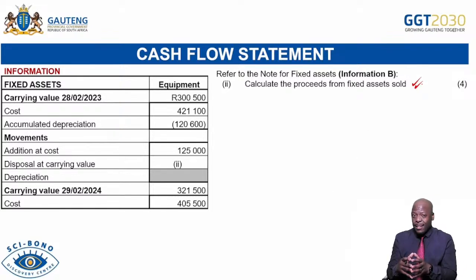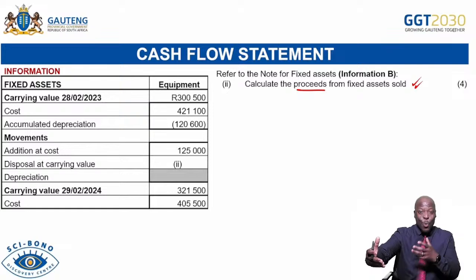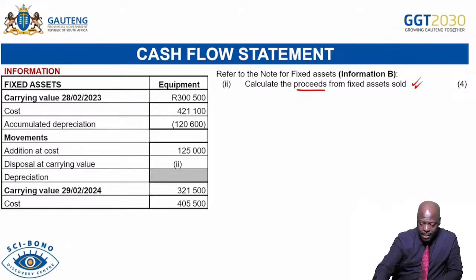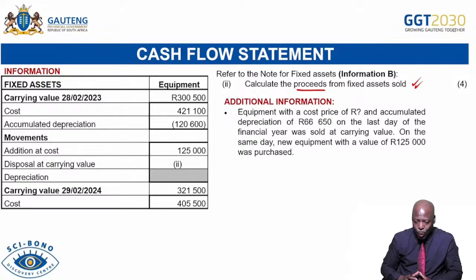So we have fixed assets that we have sold. We want to see the proceeds. You have to understand that once we dispose of an asset, we will receive some money. So we want to see the proceeds from the asset that was sold.